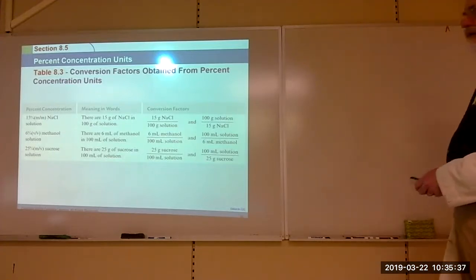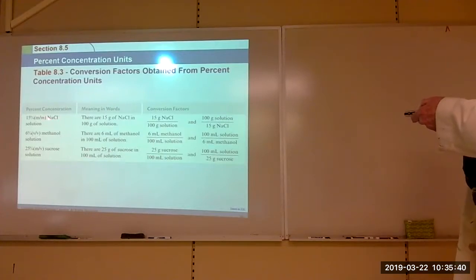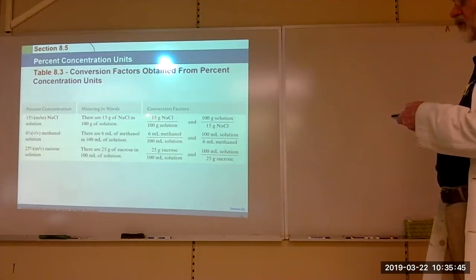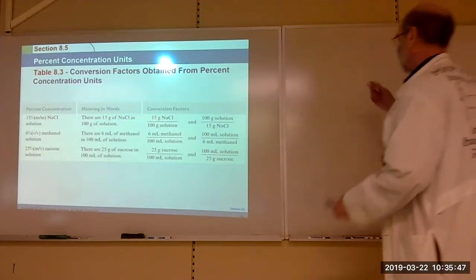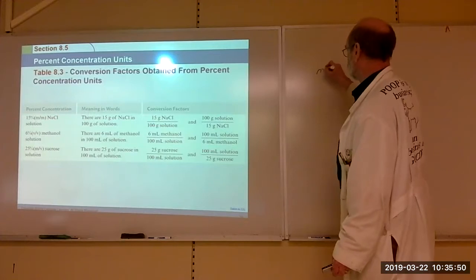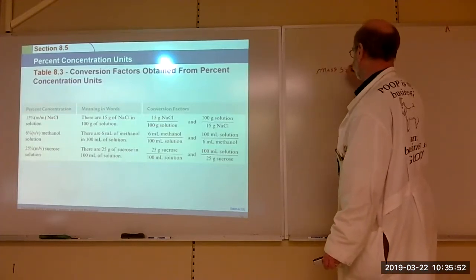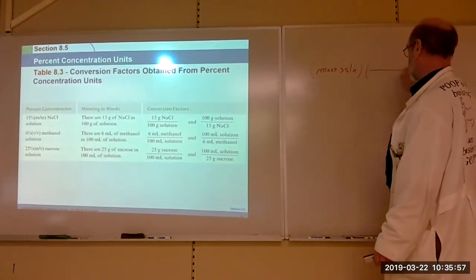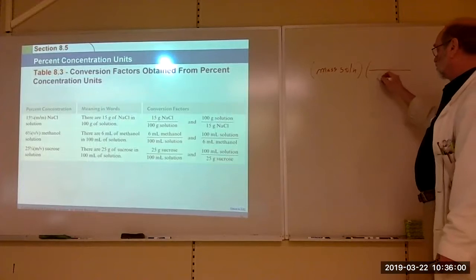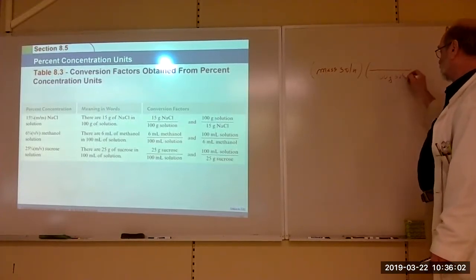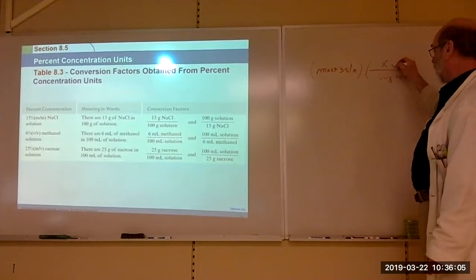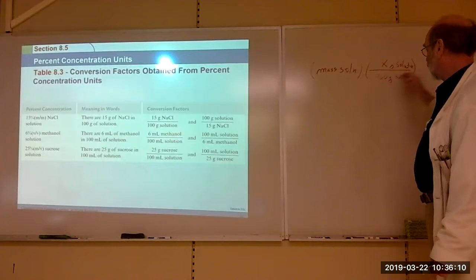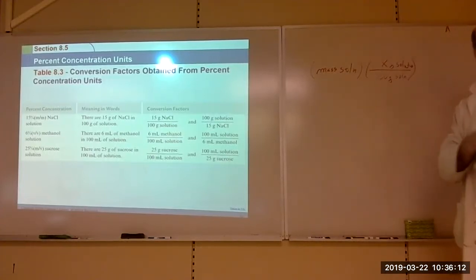So if you have something like 15% mass sodium chloride solution, then it just depends on whether you want to convert the mass of the solution to mass of the solute, in which case you need to know 100 grams of solution contains how many grams of solute. And then that part cancels and you get the mass of your solute.